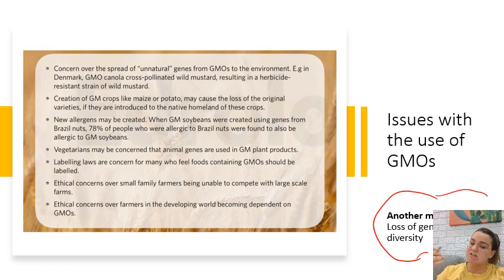So if we're reducing the genetic diversity of that crop, it means that they're less likely to respond to changes in the environment, which, as we know from Year 11, isn't good. It means that you have one change and the whole crop gets wiped out. So you should have a nice summary in your books of some of the ethical issues with GMOs, and we'll explore these as well as other examples of GMOs in agriculture in class this week.